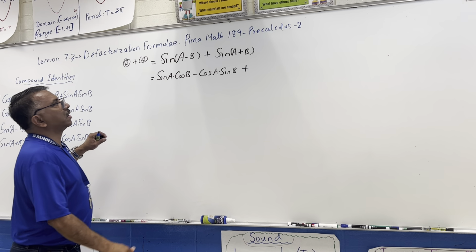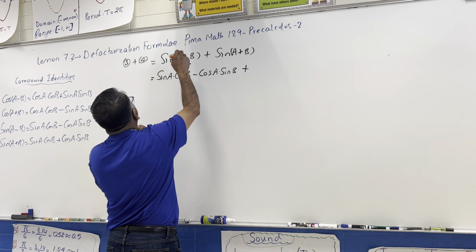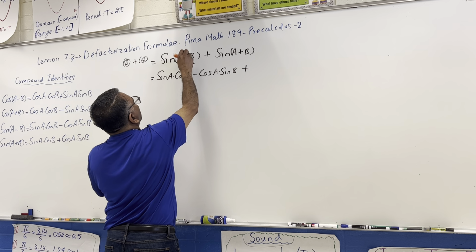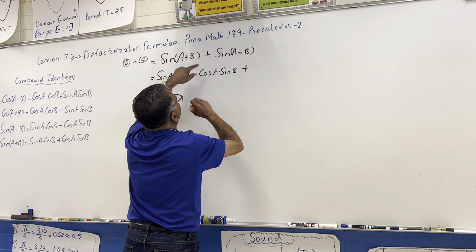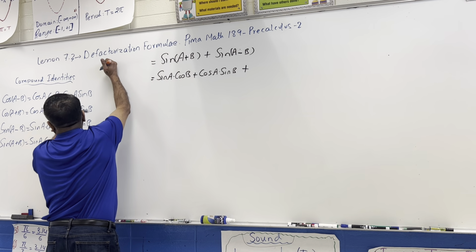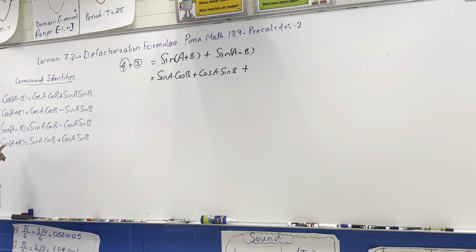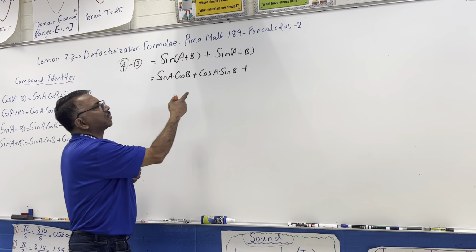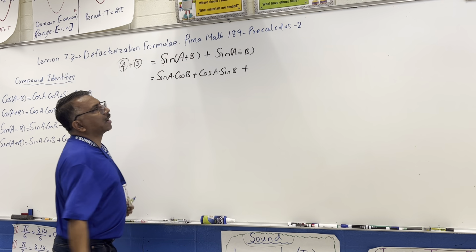Let's write this first. This one I'll take as plus, and this is minus. If this is plus, this is plus, so I'm using 4 plus 3. So let's start with 4 plus 3. You just want to start with sine A plus B and sine A minus B, and apply the compound identities.